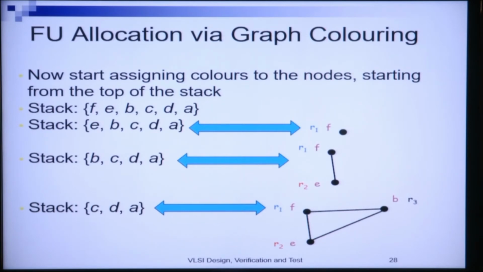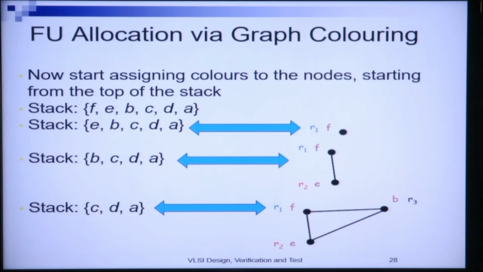Then I take out the next node E, and we see that E and F share an edge, and hence I allocate another distinct resource R2 and color it red, because they share an edge. Now, I take out B, and we see that B has an edge with both F and E, and hence I cannot use the colors blue or red, and I have used black here.